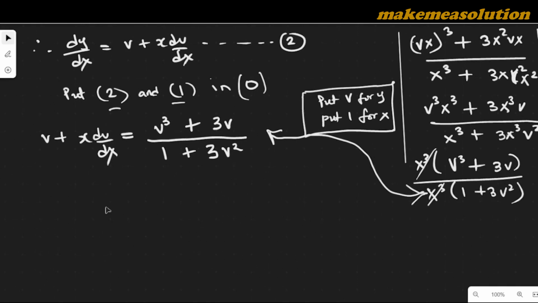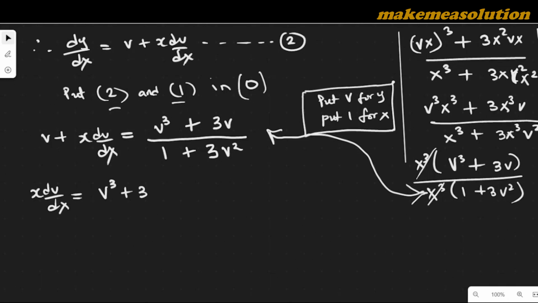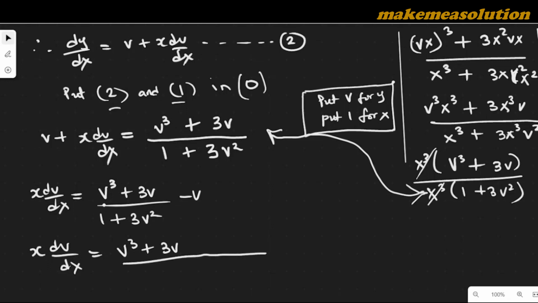Now let's continue. As usual, x dv/dx is equal to (v cubed plus 3v) over (1 plus 3v squared), minus v. So x dv/dx is v cubed plus 3v, minus v times (1 plus 3v squared), all over 1 plus 3v squared.